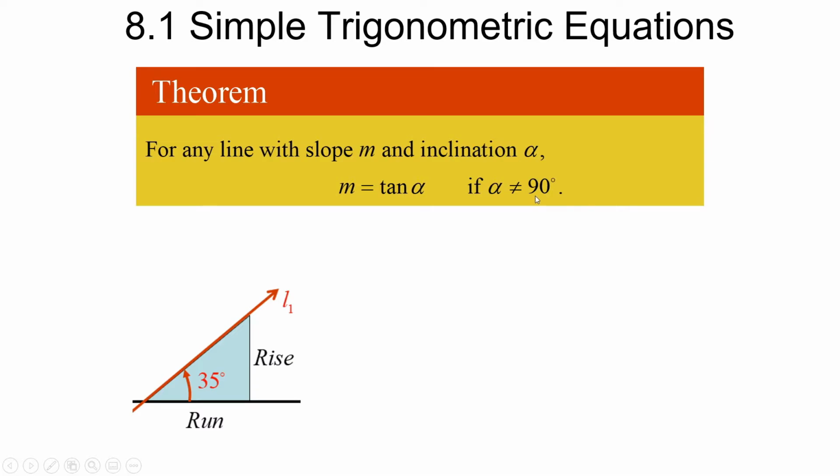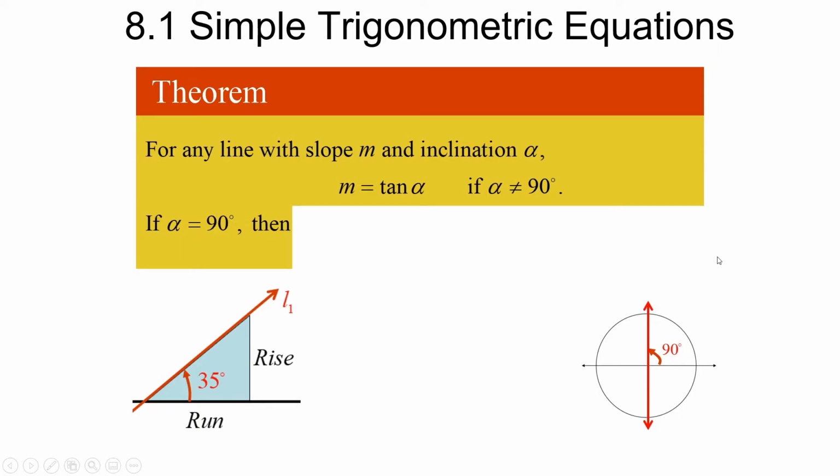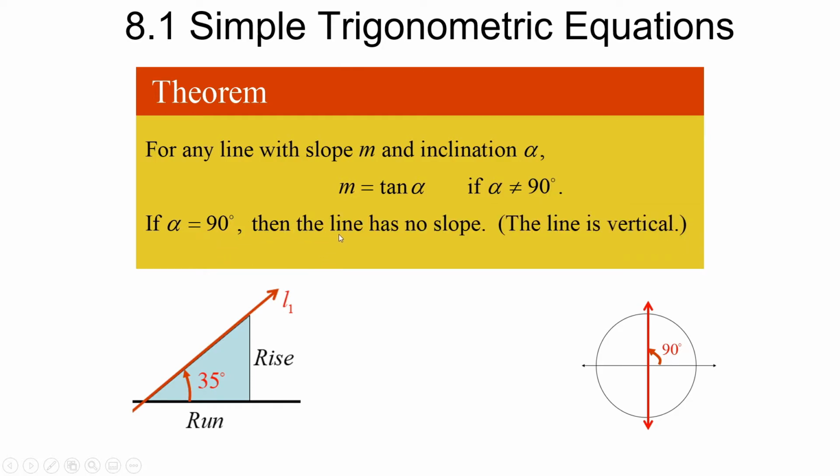And obviously, our angle of inclination can't be 90 degrees, because if we have a 90-degree angle like this right here, that means my line would be vertical and it would have no slope. So if alpha is 90 degrees, then the line has no slope. The line is vertical. All right. So we're going to get some mileage out of this theorem. Trust me.